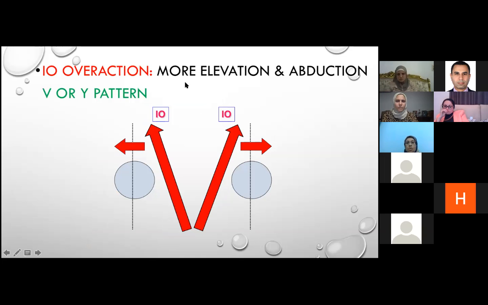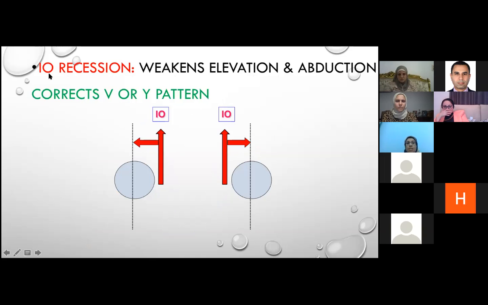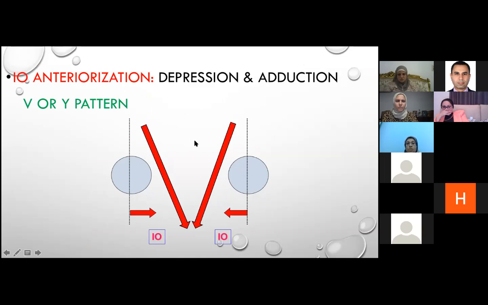In inferior oblique overaction, there is more elevation and more abduction, producing a V or Y pattern. In inferior oblique recession, this weakens the elevation and the abduction functions of the inferior oblique and corrects V or Y patterns. Inferior oblique anteriorization reverses the actions of the inferior oblique, turning it into a depressor and an adductor, producing a V or Y pattern.